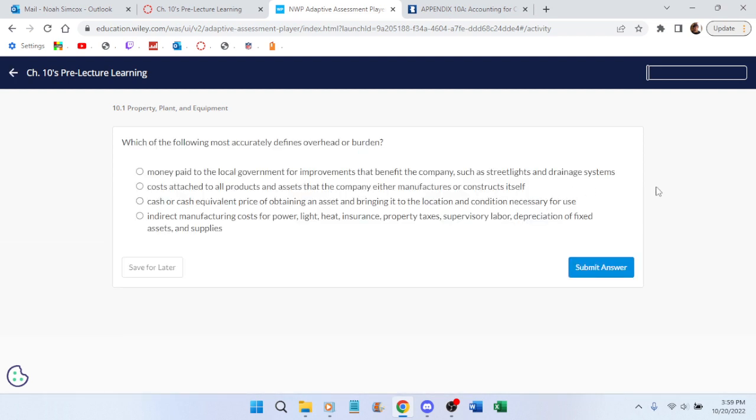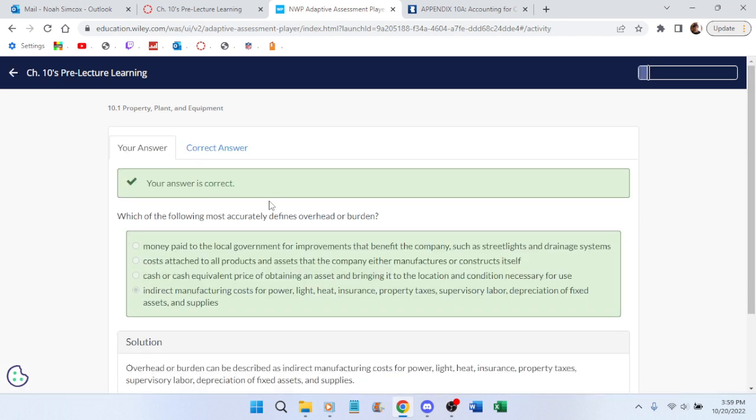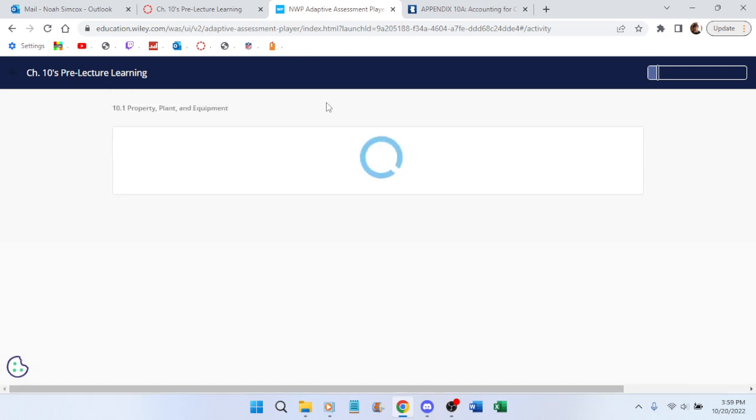What is overhead or burden? Okay, so it's basically administrative costs that are not directly related to the asset. So it's gotta be this, right? Yep. I don't care. Continue.